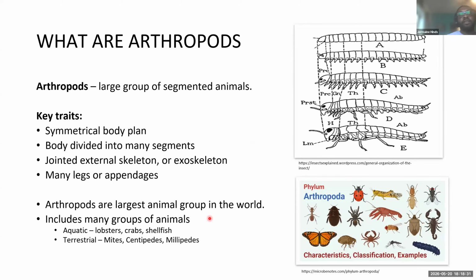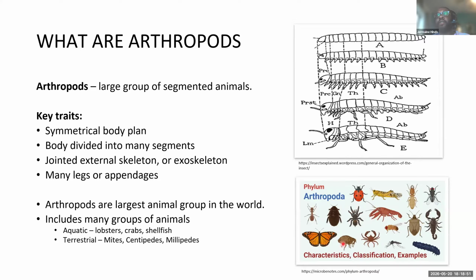So arthropods are the largest animal group in the world. Many species, you have your insects like ants, beetles, grasshoppers, and things like that. But you also have non-insects like mites, spiders, and crustaceans, all kinds of different animal groups.